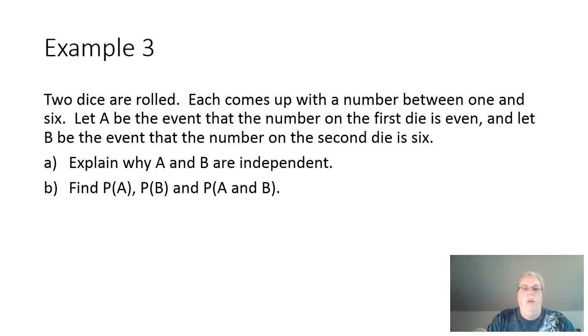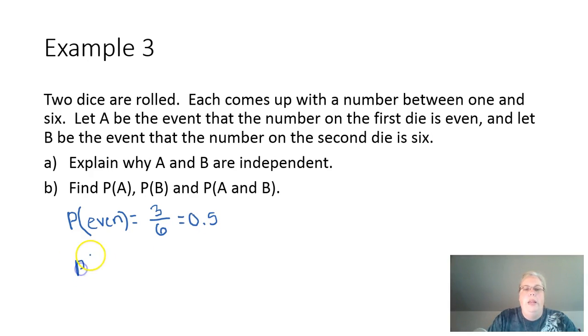Okay? Now, for part B, we're trying to figure out the probability of A, the probability of B, and then the probability of A and B. So the probability of rolling an even number: on a die, the sample space is 1, 2, 3, 4, 5, 6. 3 of them are even, and there are 6 in the entire sample space, so this is 0.5.